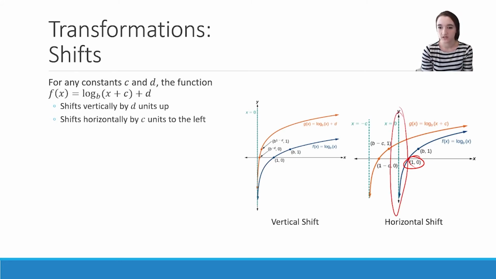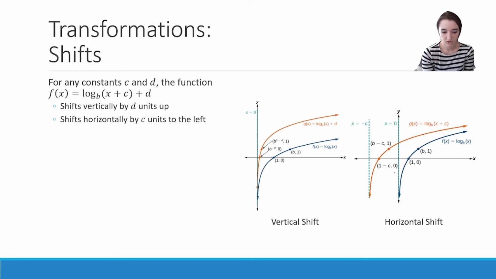If we're doing a horizontal shift, then the asymptote gets moved horizontally, and then that point (1, 0) becomes (1 minus c, 0). That should be kind of simple to see. But with the vertical shift, it's a little bit trickier because the asymptote stays exactly the same, but our point (1, 0) does in fact change. It just changes in a sort of odd way.